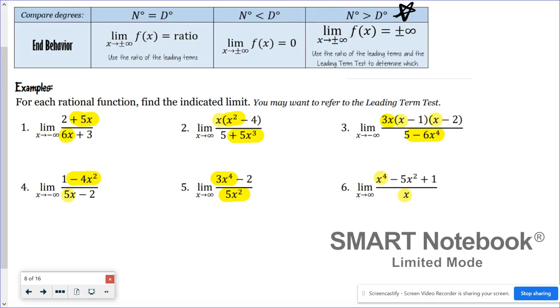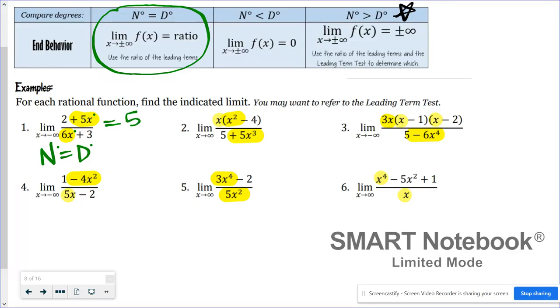So going back to number 1, I see that on top I have degree 1 and on the bottom I have degree 1. So the degree of the numerator is equal to the degree of the denominator because both are 1s. So that means my end behavior is equal to the ratio of the leading terms. So we're talking 5 over 6. In problem number 2, I needed to figure out the leading term on top.